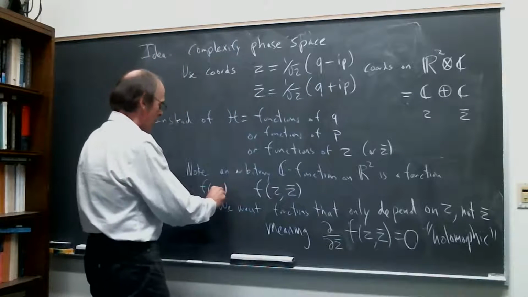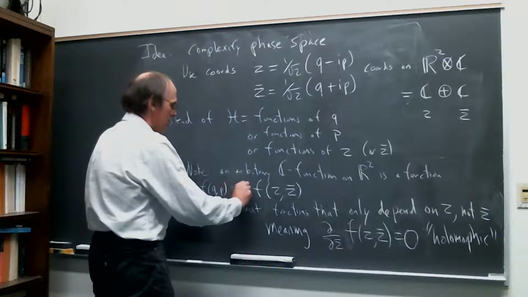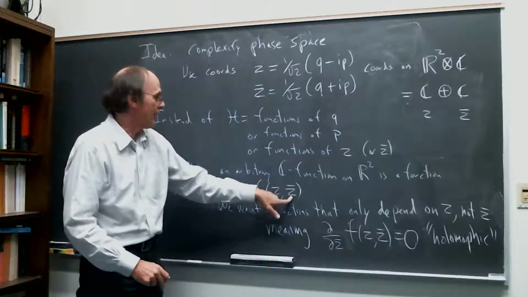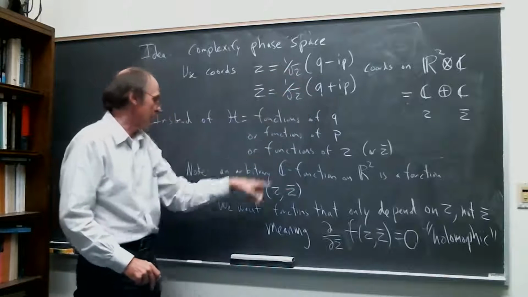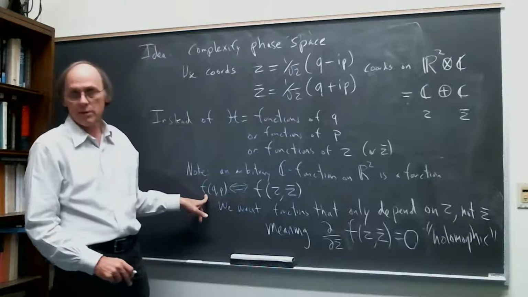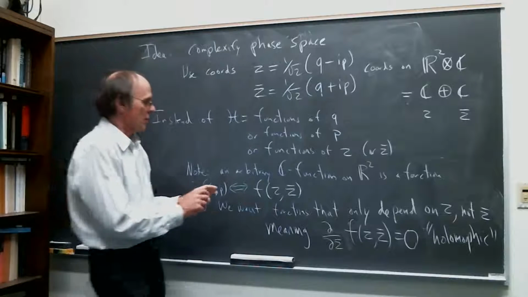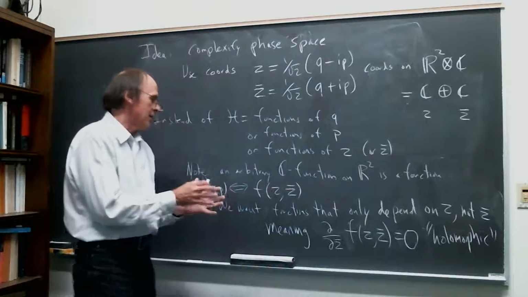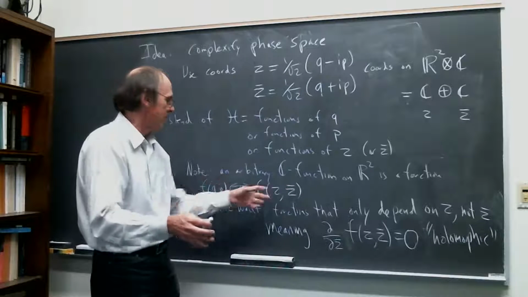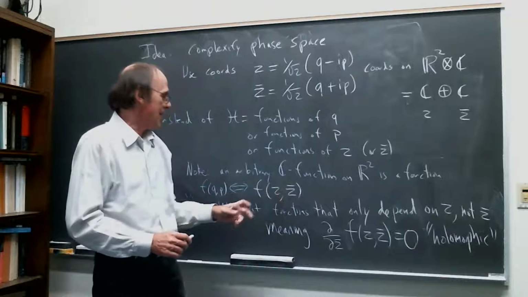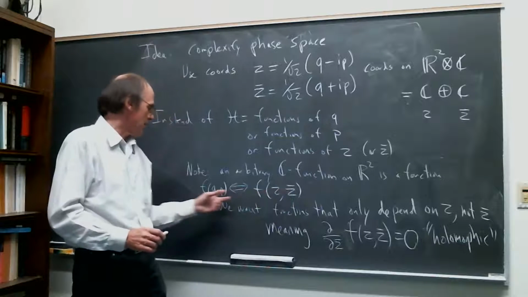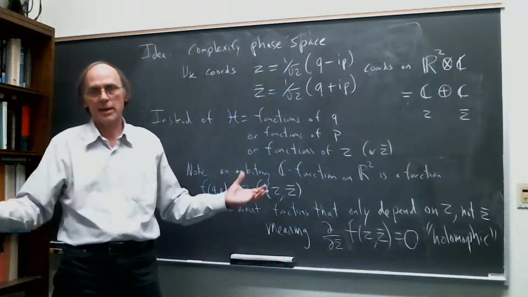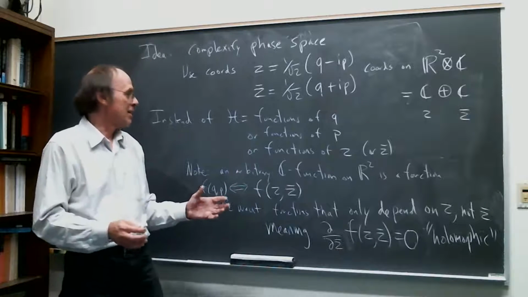So any function of q and p gives you a function of z and z bar. And similarly, if you have z and z bar, you can write them this way, and you get complex valued functions of q and p. So clearly, if I say that any function you write down of z and z bar is allowed, that's going to correspond to saying that any function of q and p is allowed, and that's going to be too big a space.